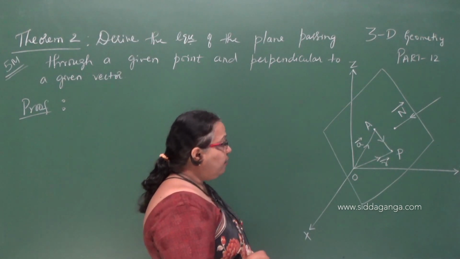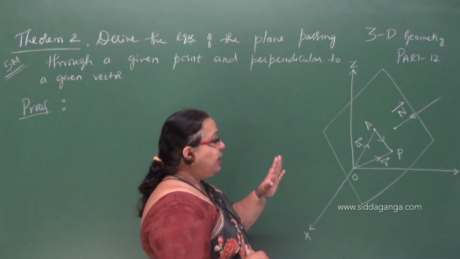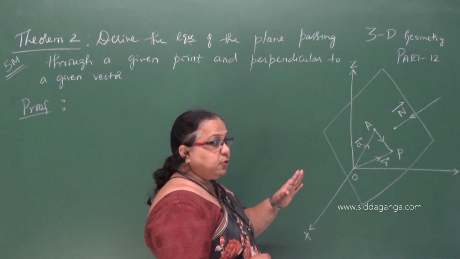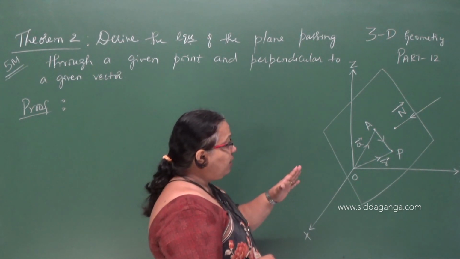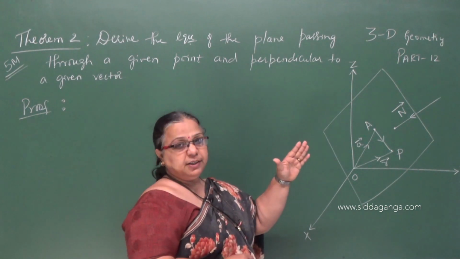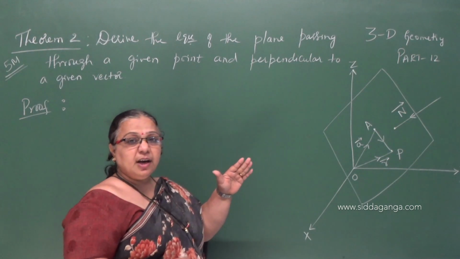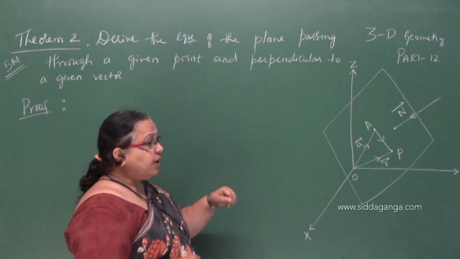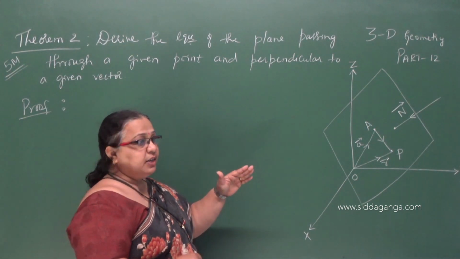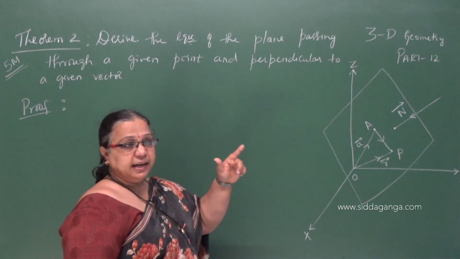So here there are so many planes which are perpendicular to the given vector. That means there are infinitely many planes perpendicular to vector n.